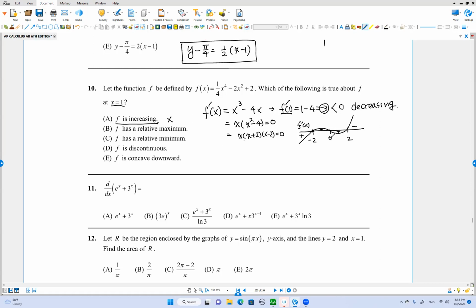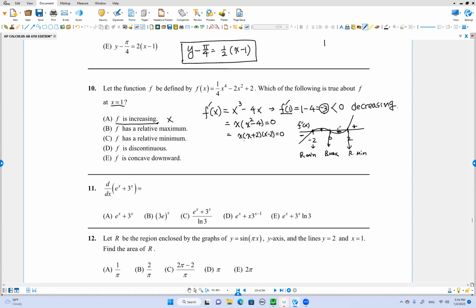It has a relative minimum at x equals 0. Oh, I'm sorry, this is minus, plus, so that is a relative minimum. This one at x equals negative 2 is a relative minimum, and at x equals 0 a relative maximum. Relative minimum again, okay?